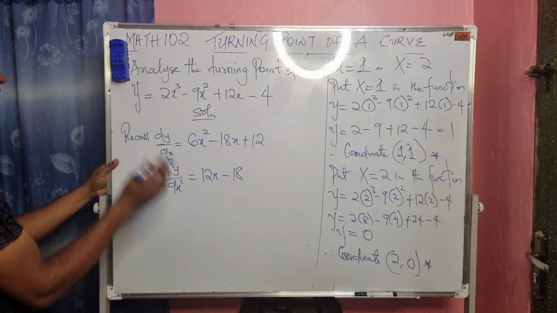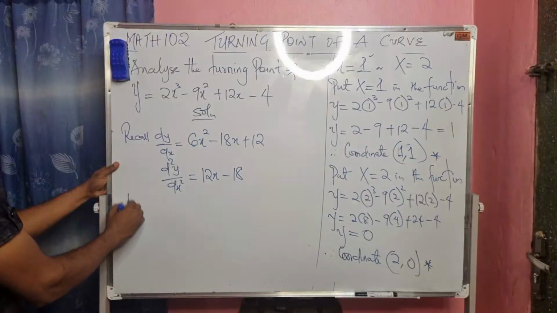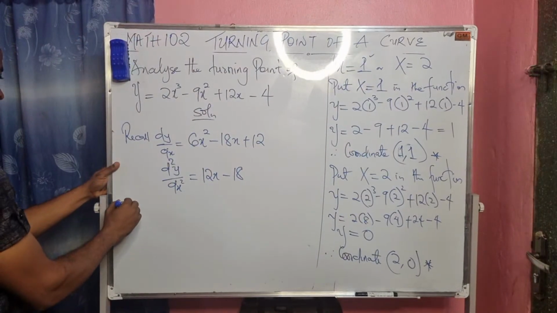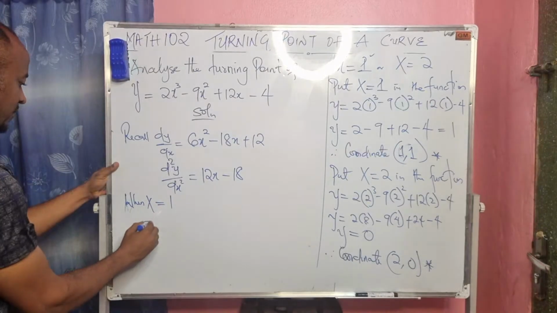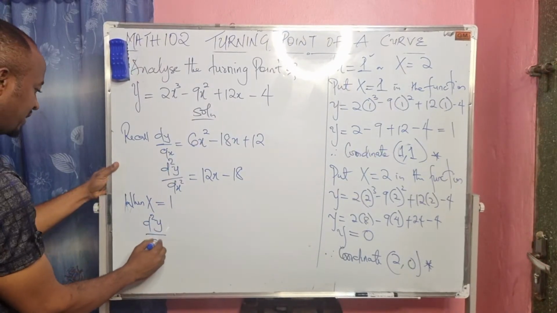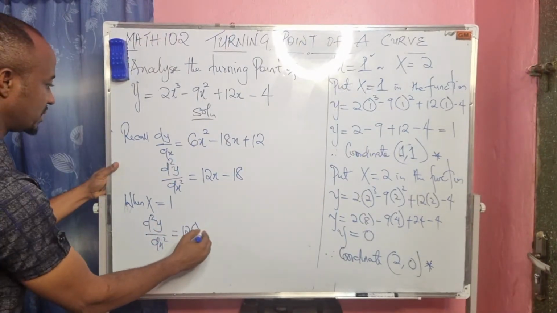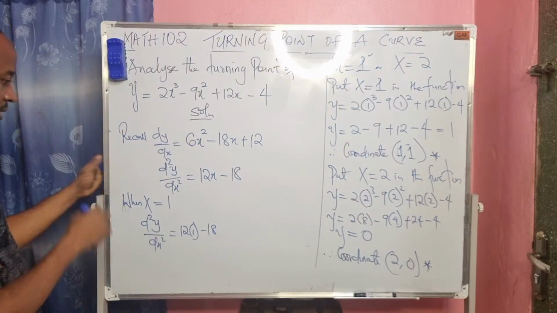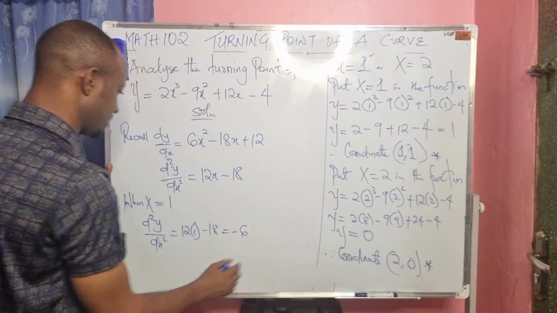Okay, so we have two values of x. The first value of x is 1, right? So we'll say when x equals 1, the d2y over dx squared will then be 12 times 1 minus 18. That will give us minus 6.